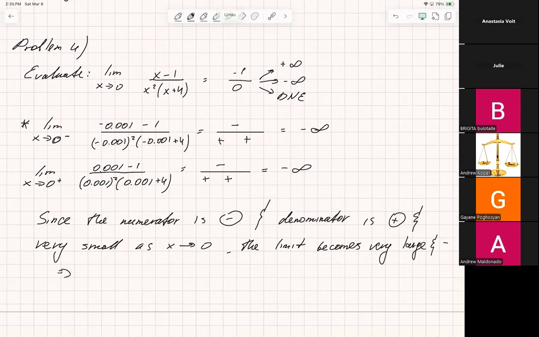So that's why we have negative infinity here, okay? So you need to explain this part in words, because technically this is not considered an official solution. You can write it in your exam, that's totally fine, but explain why you came to this conclusion, okay?